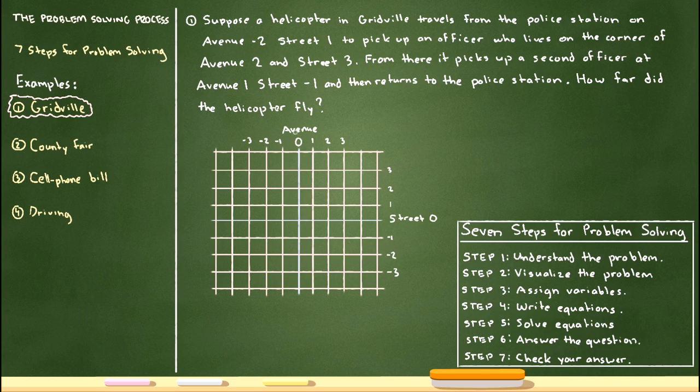But now we want to have a way of labeling our streets too, because when it says Avenue -2, Street 1, well, this is talking about ordered pairs, just like ordered pairs in the Cartesian plane. So Avenue -2, Street 1, so Street 1, Avenue -2. Okay.